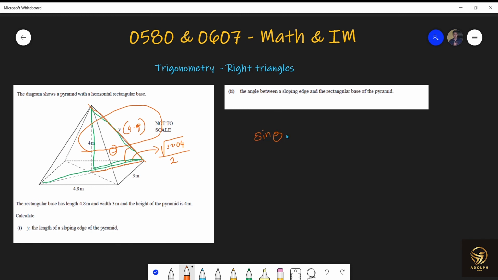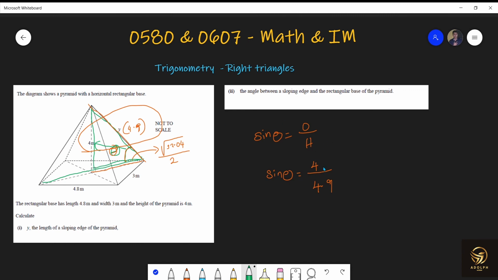I know that sine theta is opposite by hypotenuse. Here I can keep the angle as theta itself because they did not mention any angle variable. So sine theta equals opposite, which is 4, by hypotenuse, which is 4.9. If you are asking how I took 4 as opposite: this is the angle that I have to calculate, so the side opposite to it is 4 and the side opposite to the right angle is 4.9.